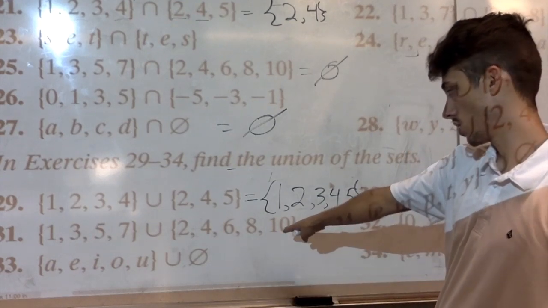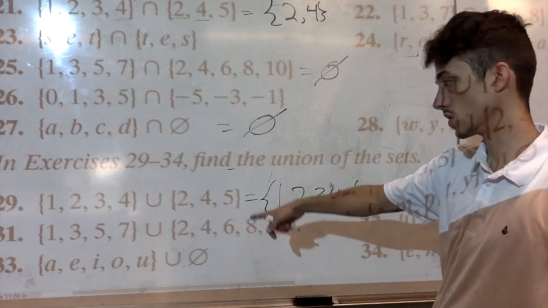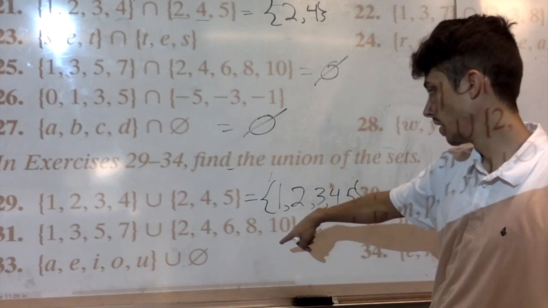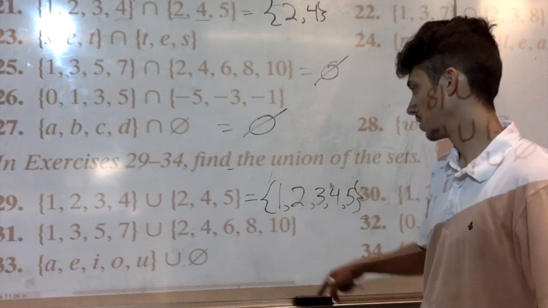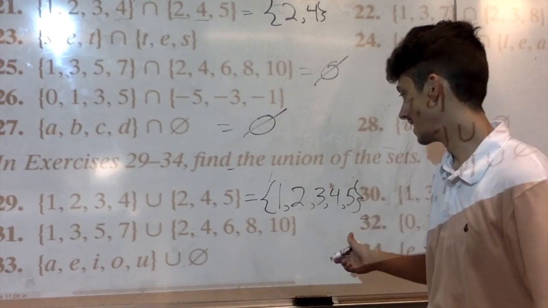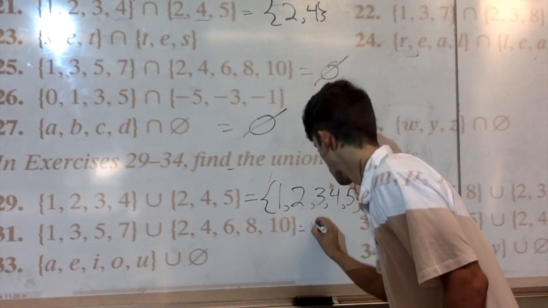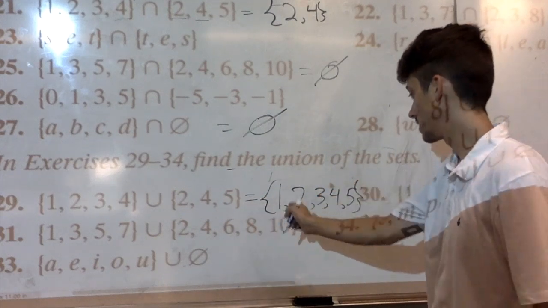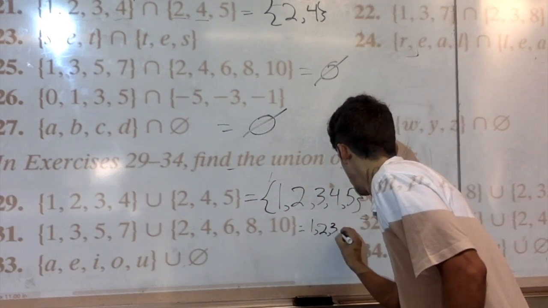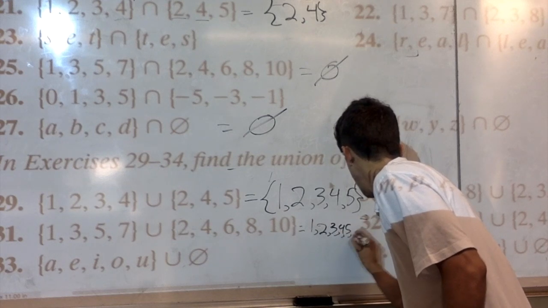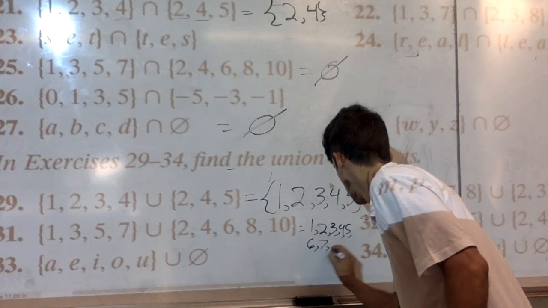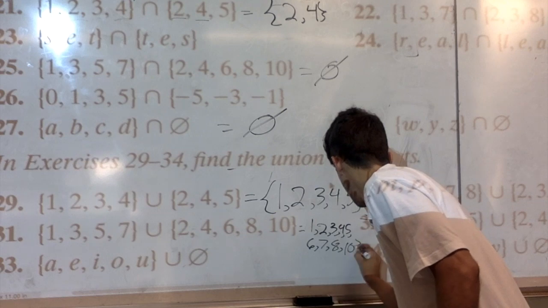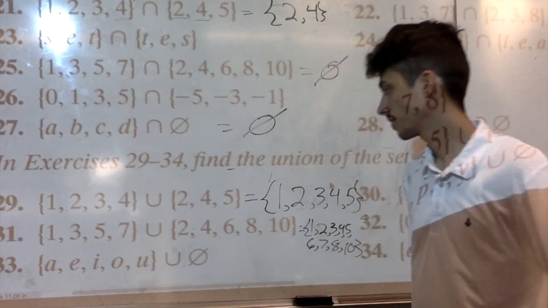Down here, we're combining everything, so this is just going to be all of the numbers up to 10 with the exclusion of 9. So we got 1, we got 2, 3, 4, 5, 6, 7, 8, 10.